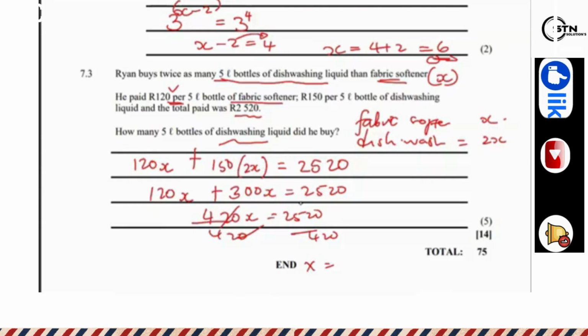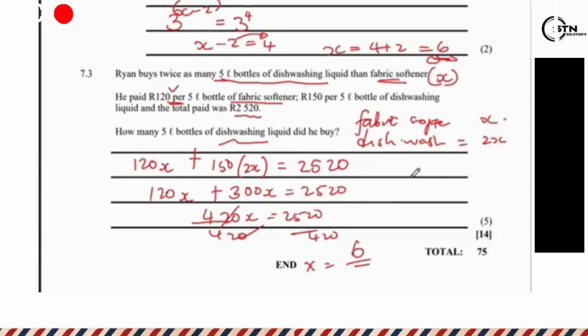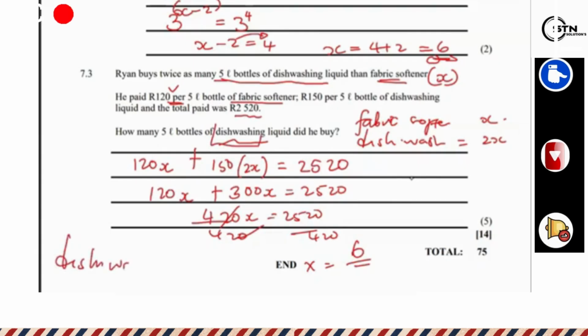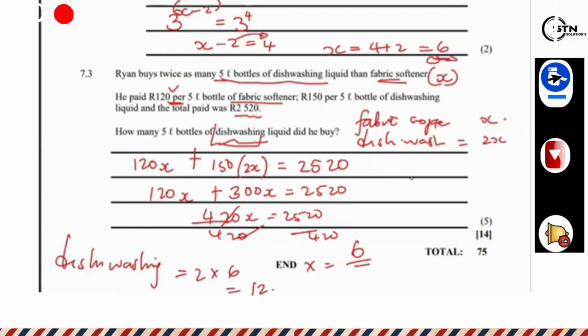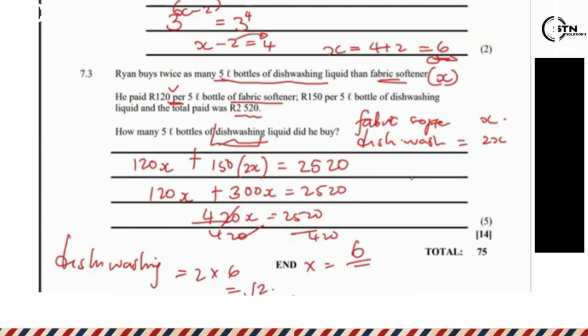I'm getting 6, meaning that this person bought 6 fabric softeners. But then the question is asking for the dishwashing liquid. So dishwashing liquid, remember it is twice. It's going to be 2 times 6, which is 12. So guys, this is my approach of how I would have worked this out.